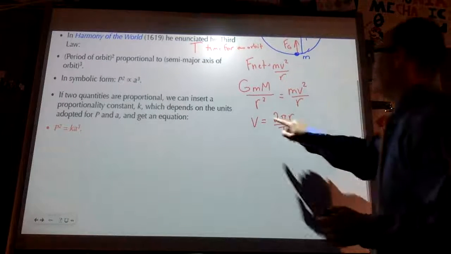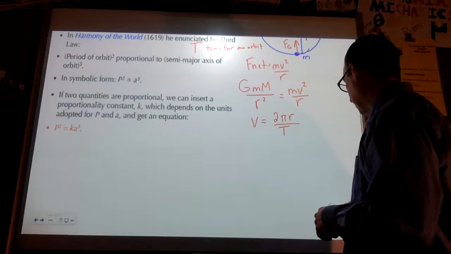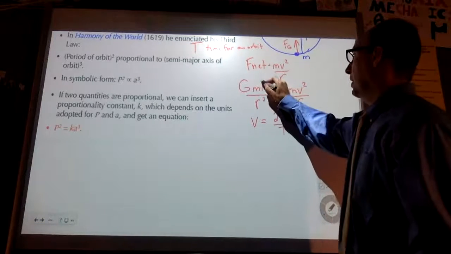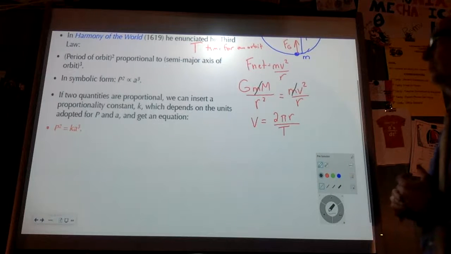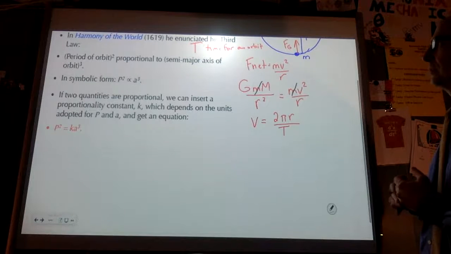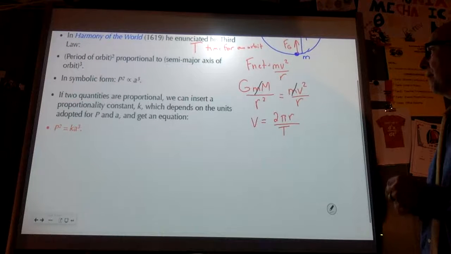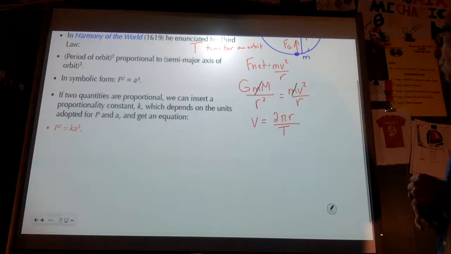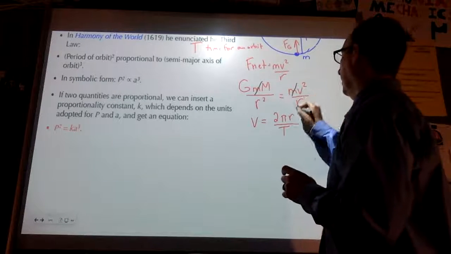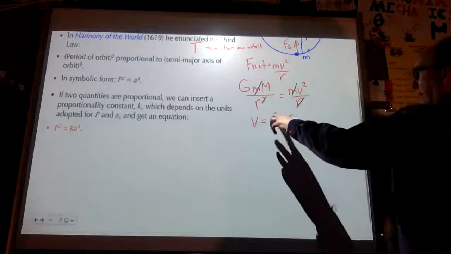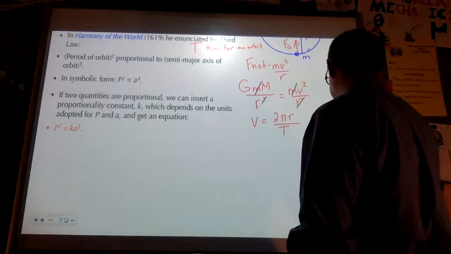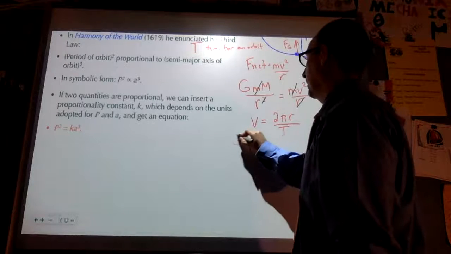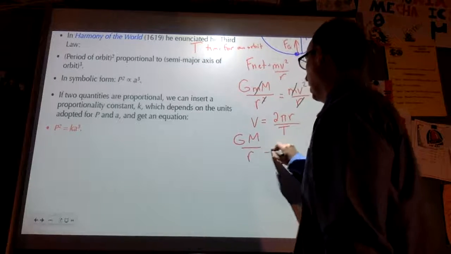So I'm going to combine these two equations. I'm going to simplify just a little bit. This cancels out and that cancels out, and I'll get rid of an r too. We're going to plug in 2 pi r over T for v. And so on this side, I still have GM over r.